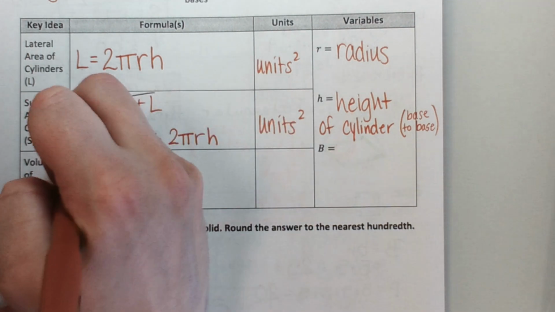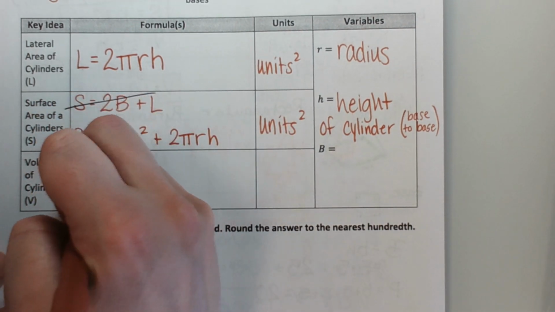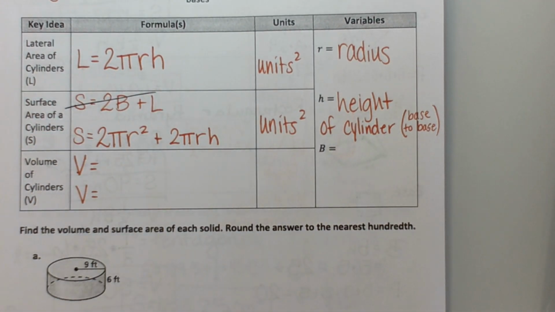Volume. There's 2 formulas for volume. A cylinder is most like a prism. The only reason it's not a prism is because prisms require polygon sides. It requires straight edges along the entire thing.